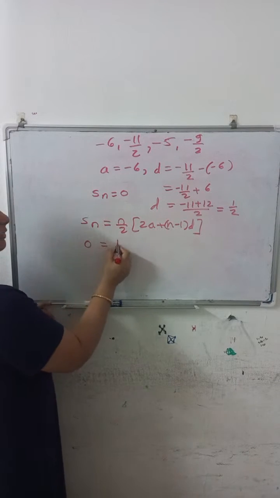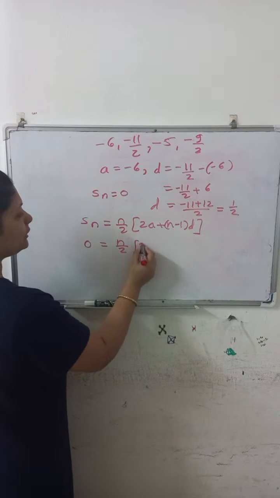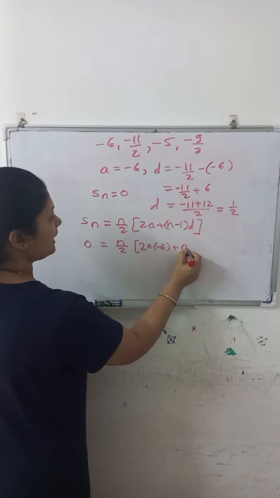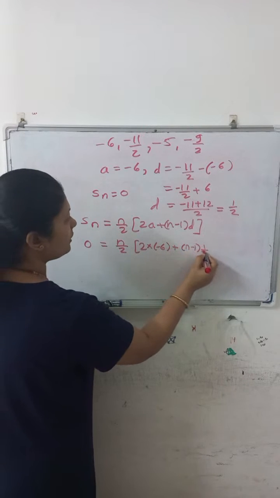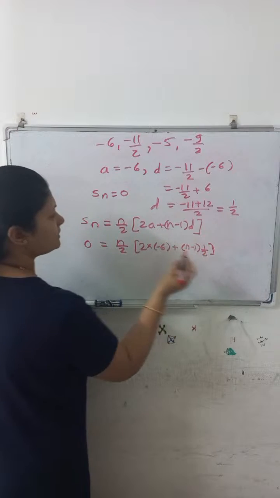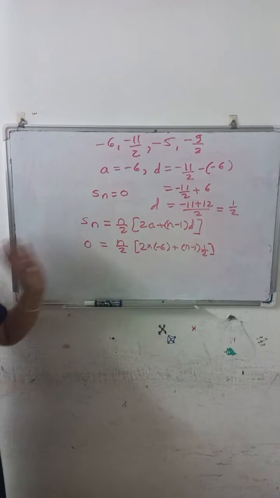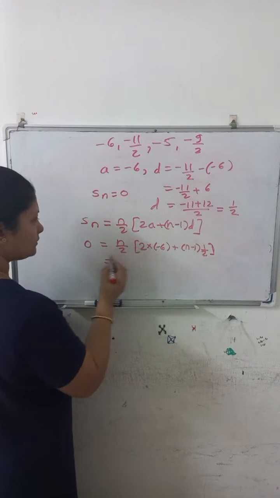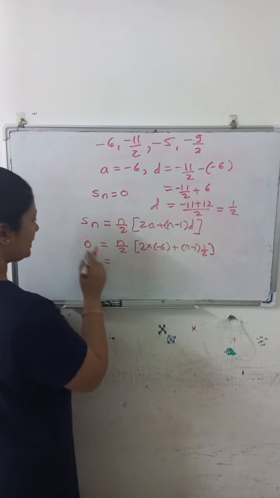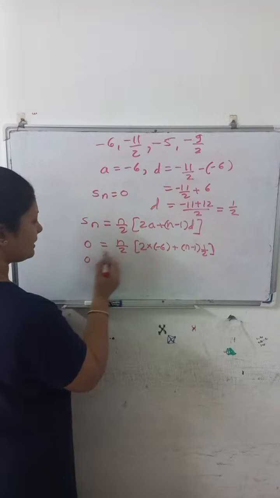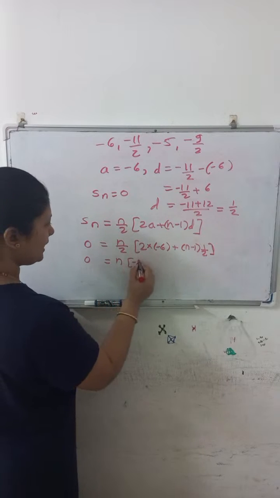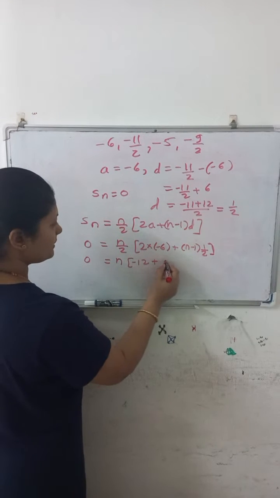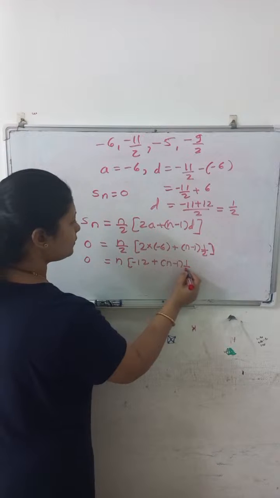S n is 0, and we have to find n. 2a is minus 12, plus (n minus 1) into d, and d is half. Now simplify. The 2 you can transpose to this side, this will become 0, and so I get minus 12 plus (n minus 1) into half.